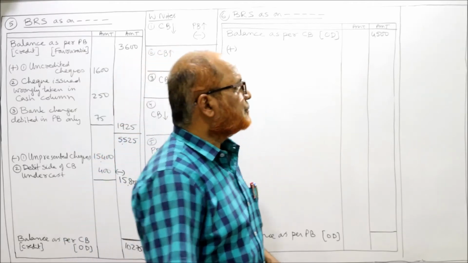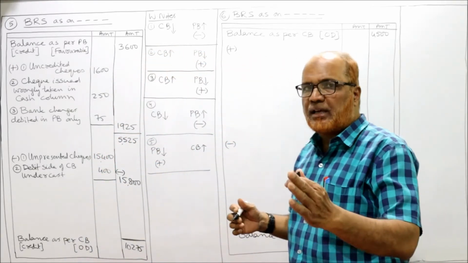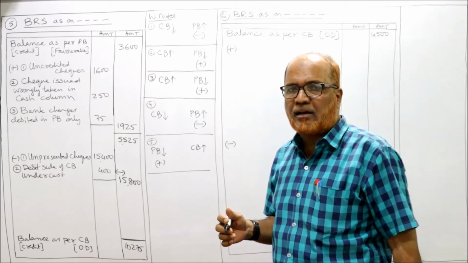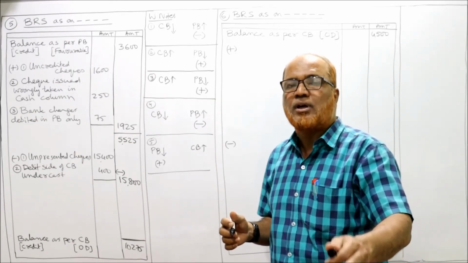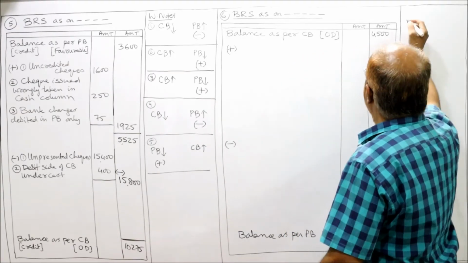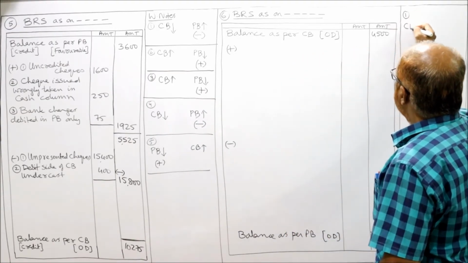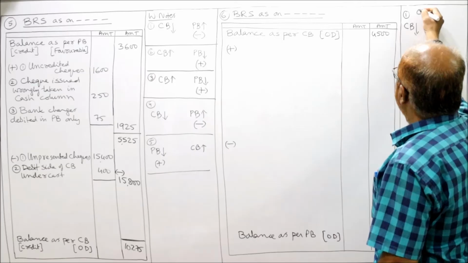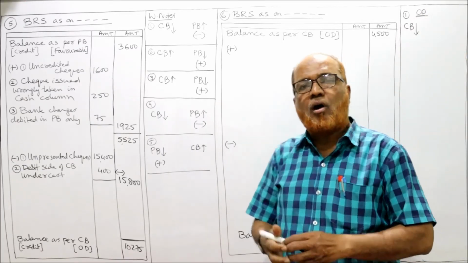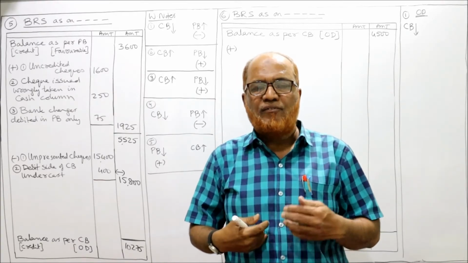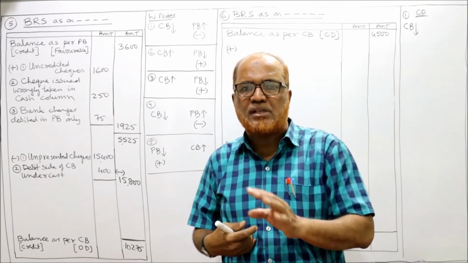So when we deposit the money in the bank, first we record in the cash book. So cash book OD will come down. First working note. Cash book overdraft will come down. Already we are having an overdraft. We have deposited 2,000 rupees in the bank.